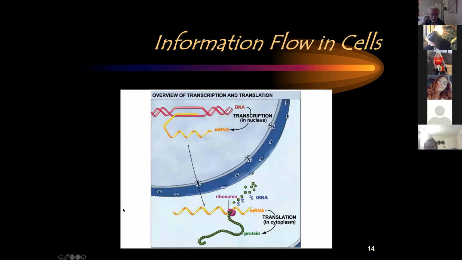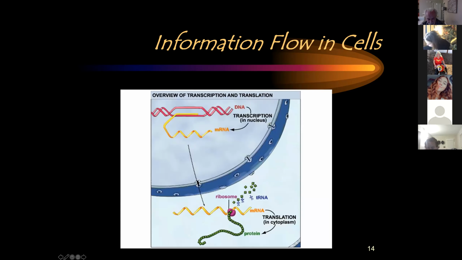Now, how does the information flow? So here we have this blue nucleus and a green cytoplasm. In the nucleus is where the DNA resides. DNA never leaves the nucleus. It's always there and nowhere else. DNA is transcribed into RNA, messenger RNA, and the RNA is not confined to the nucleus.